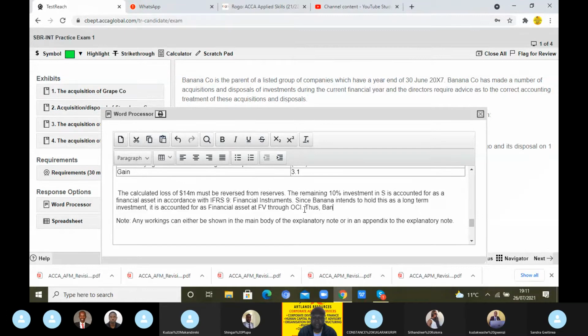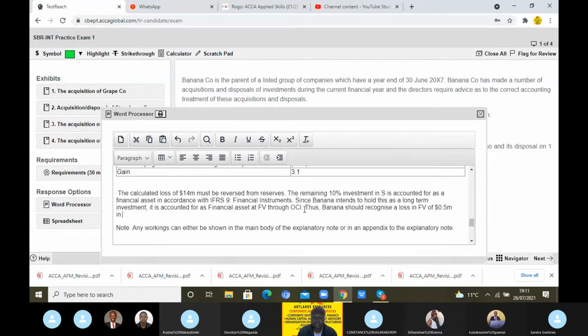comma, banana should recognize a loss in fair value of $0.5 million in OCI, in other comprehensive income.